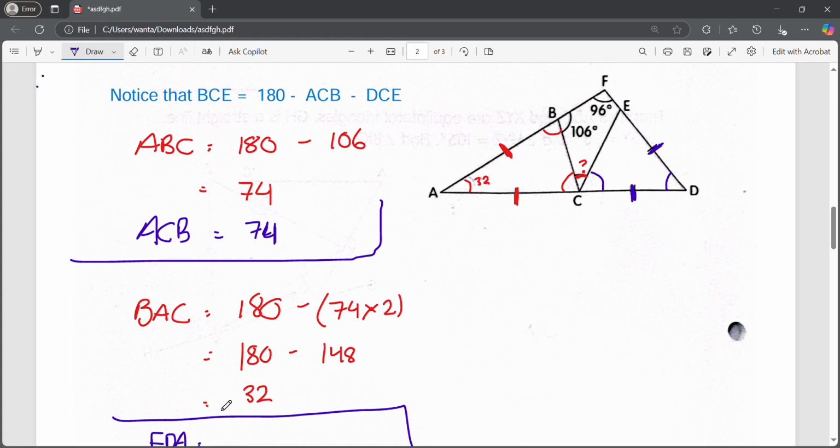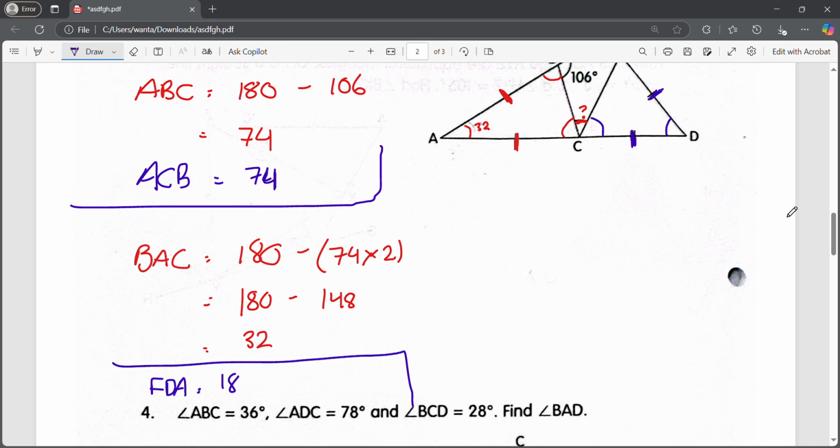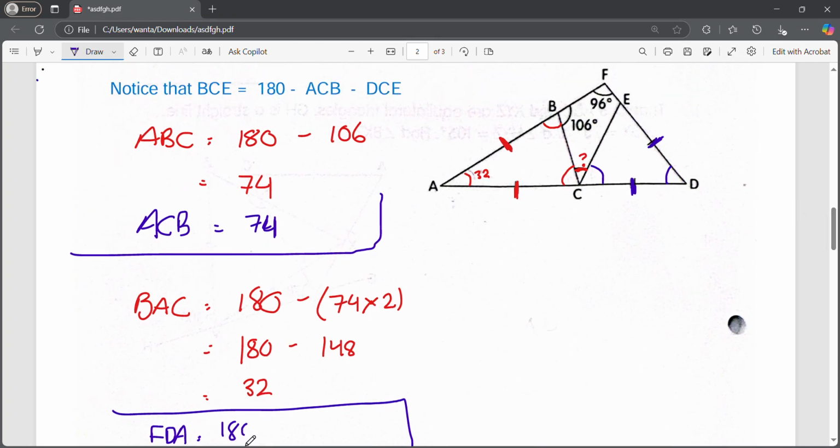FDA is 180 minus 32 minus 96. 96 and 32 makes 128. 180 minus 128 is 52. So that's a 52. FDA is a 52.